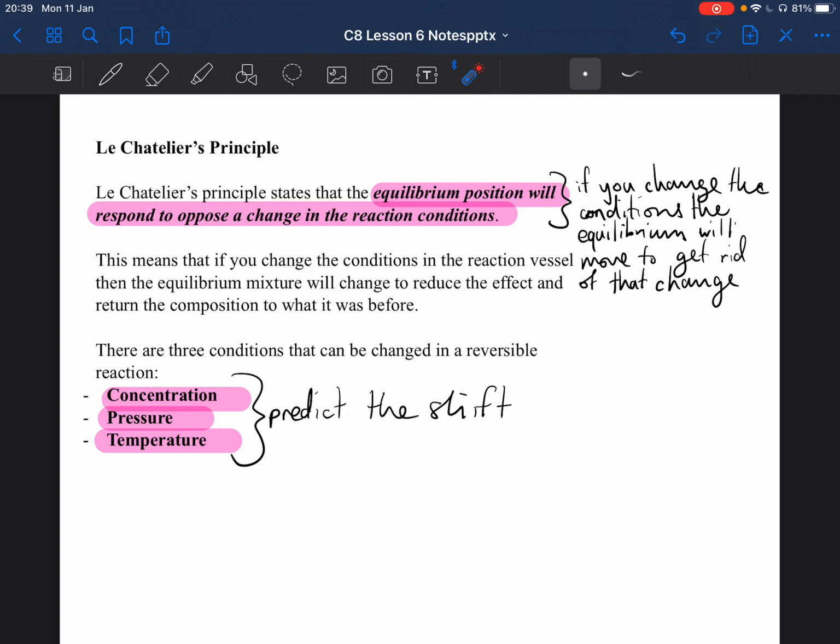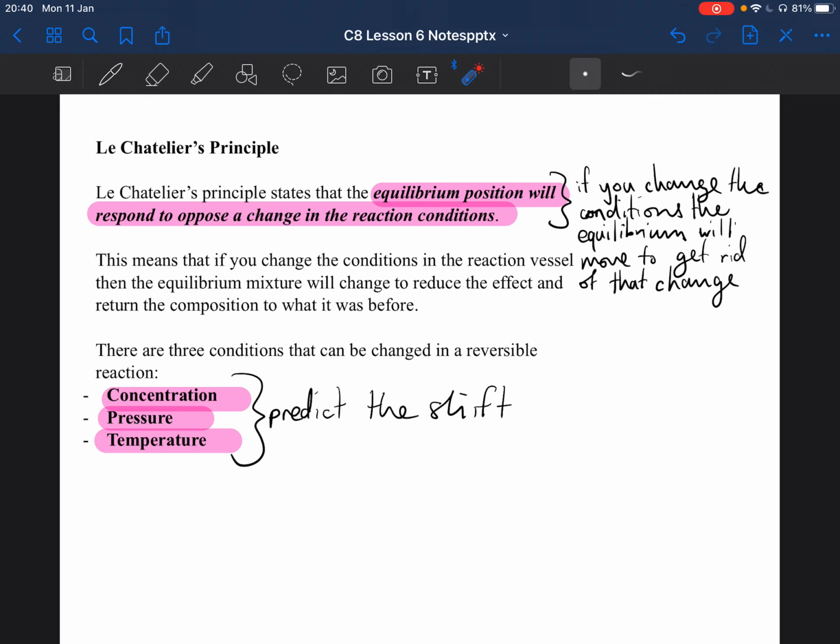If you have pressure, pressure only affects gases, so look at which side of the reaction has the most molecules. If they increase the pressure, it will go the opposite direction to reduce the number of molecules. If they decrease the pressure, it will go in the other direction to increase the number of molecules.